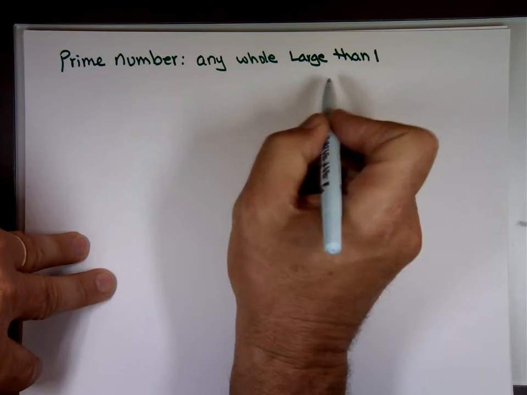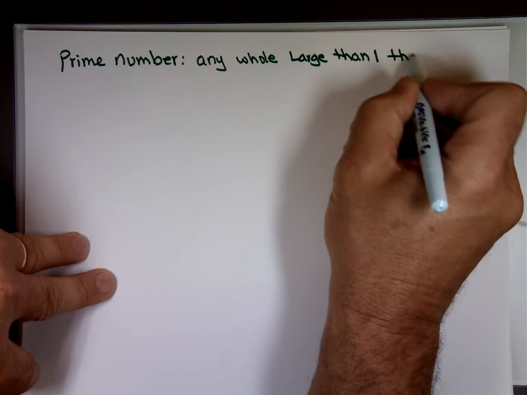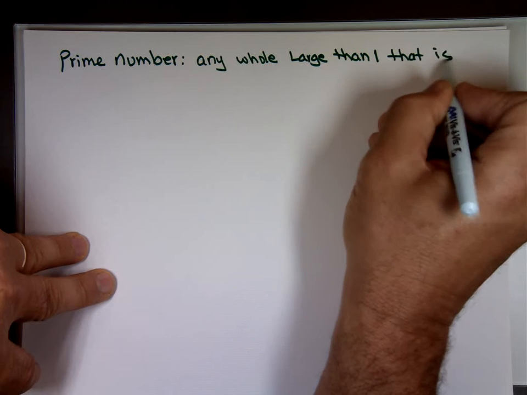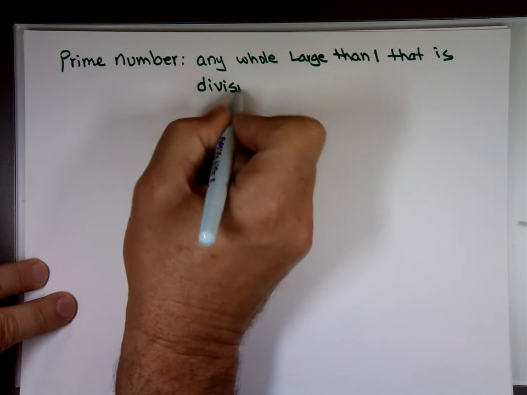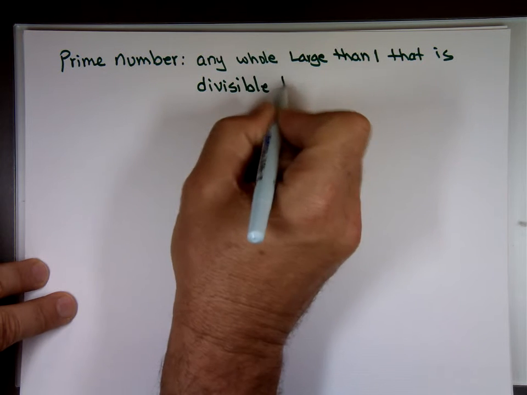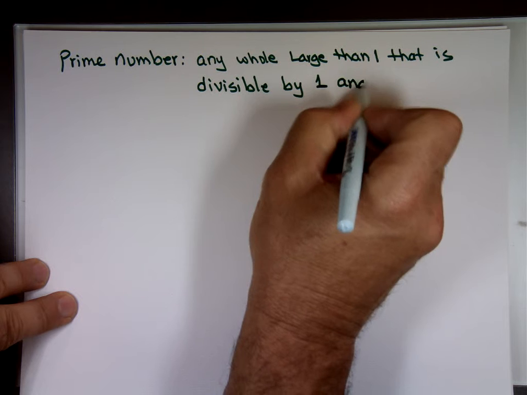Any whole number larger than 1 that is divisible, you can divide it by 1 and by itself.